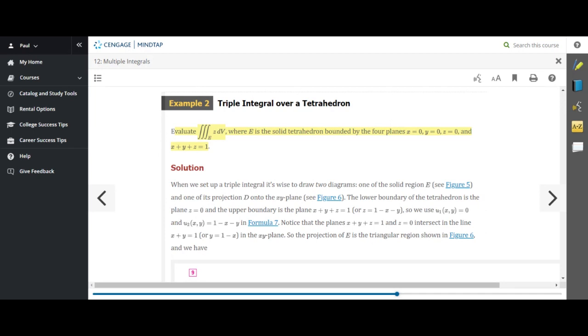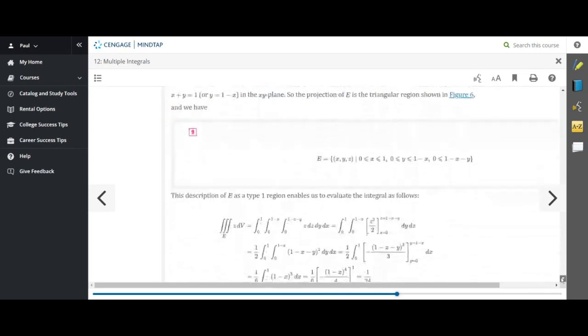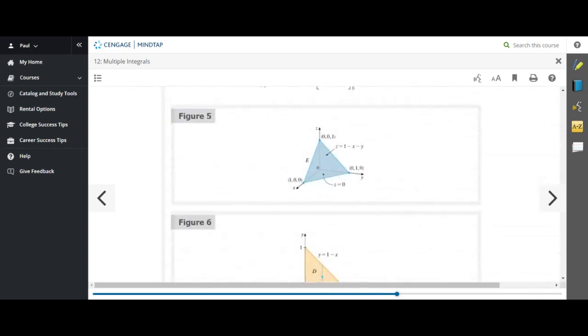That is a skew plane. And so if you were to draw a picture here, this is a picture of this solid.